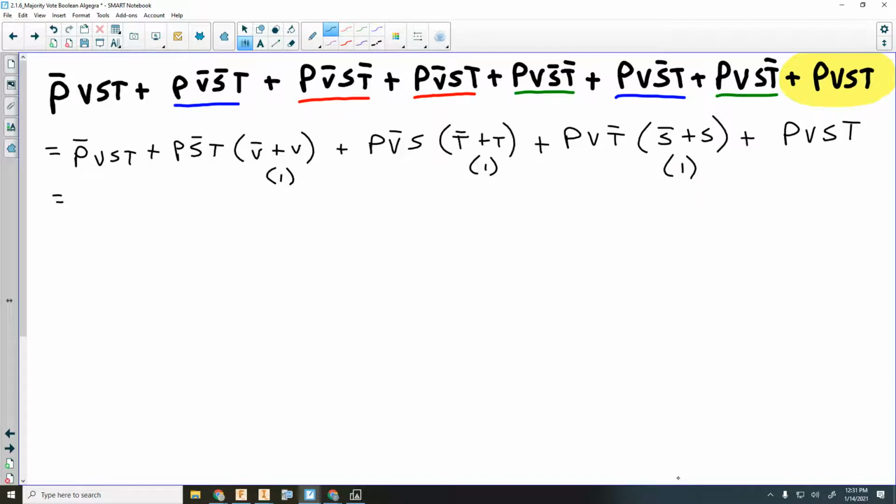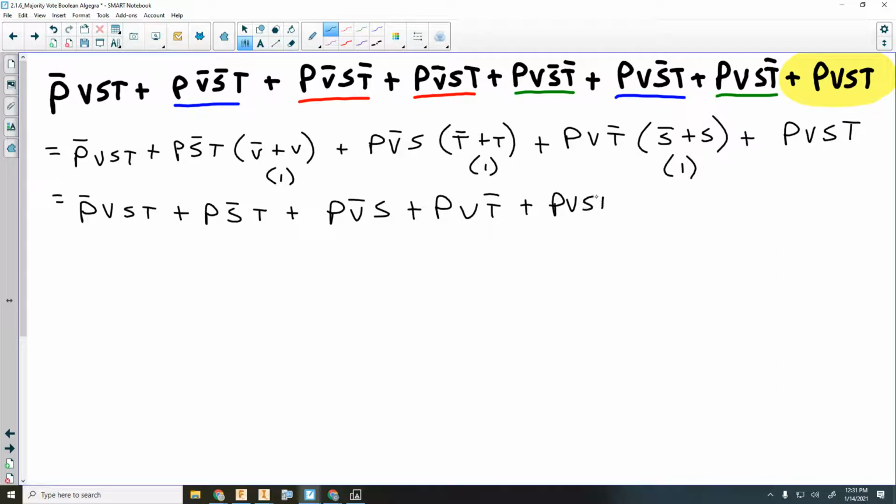Right, every single one of those. So then that would just be P naught BST or PS naught T or PV naught S or PVT naught or PVST.